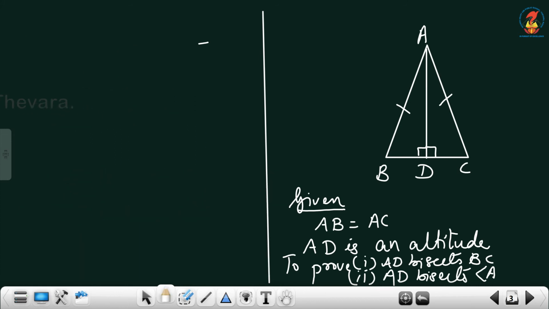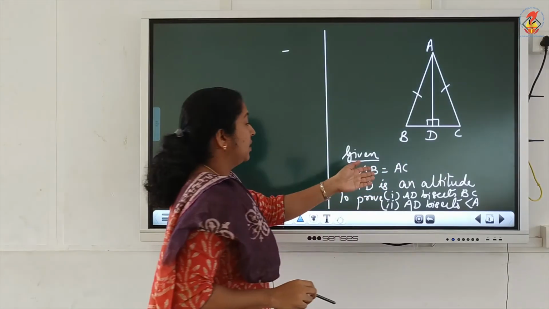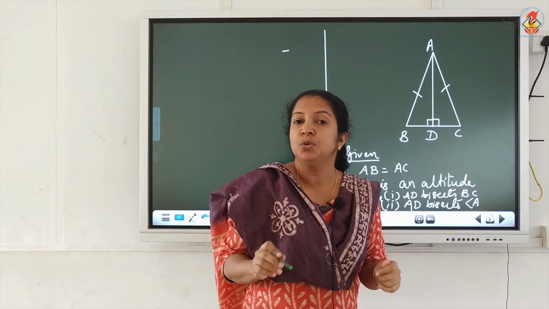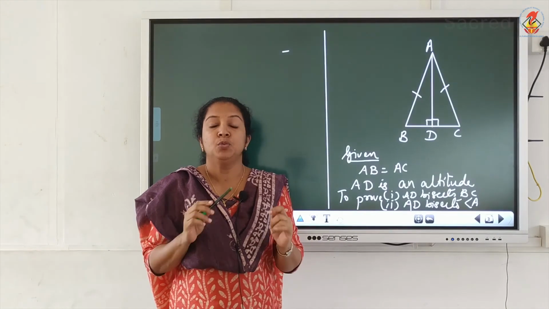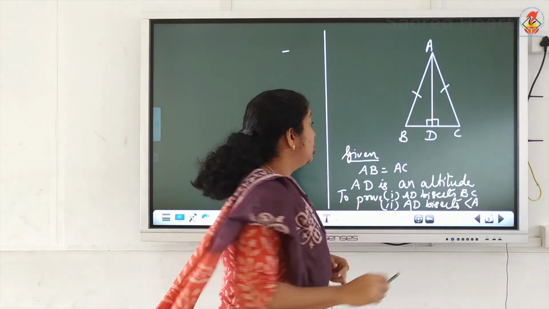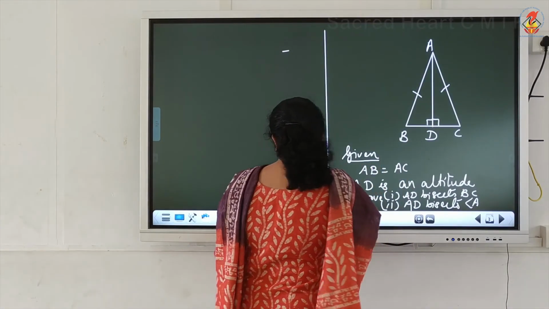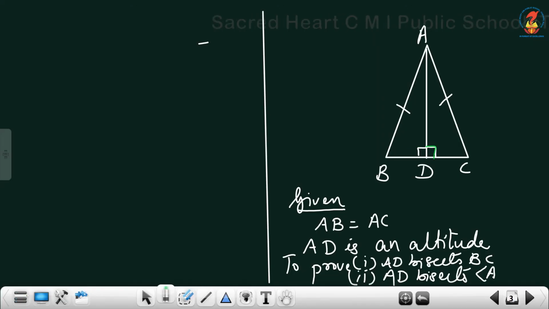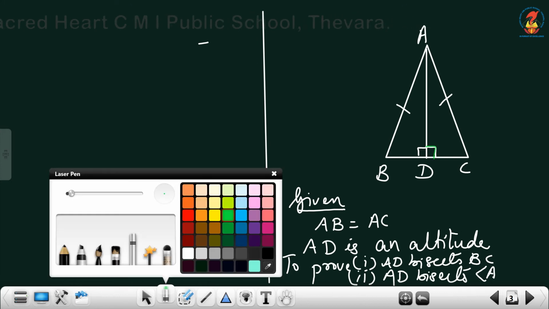What is given is AB is equal to AC and AD is the altitude. What do you mean by altitude? Altitude is the perpendicular from the vertex to the opposite side. So, I have marked this as 90 degree because it is an altitude. So, what to prove? AD bisects BC and AD bisects angle A.